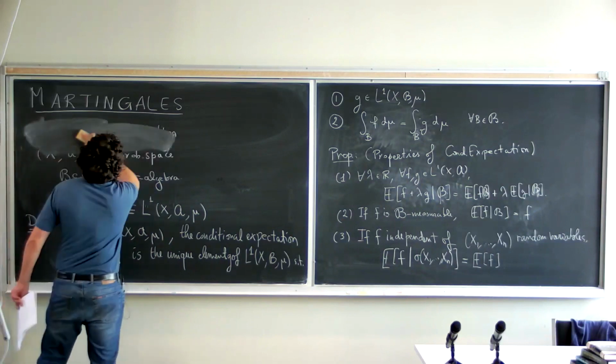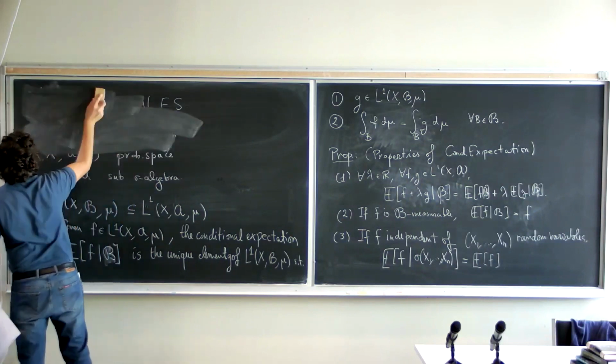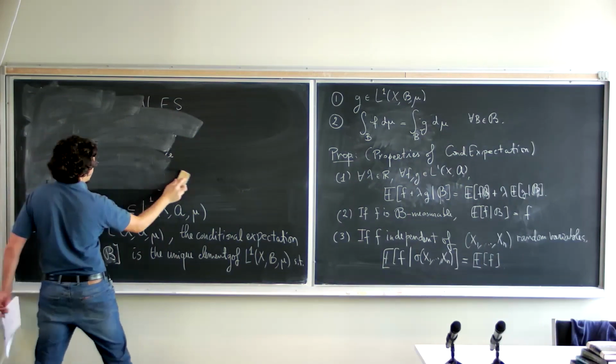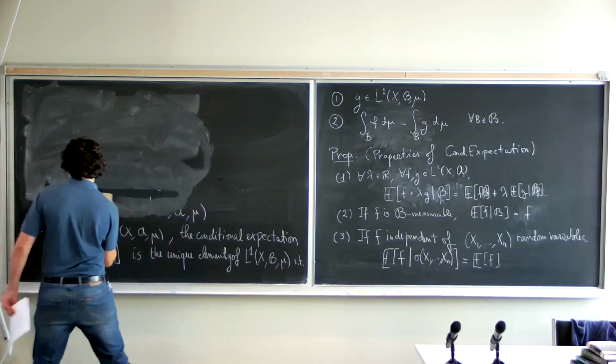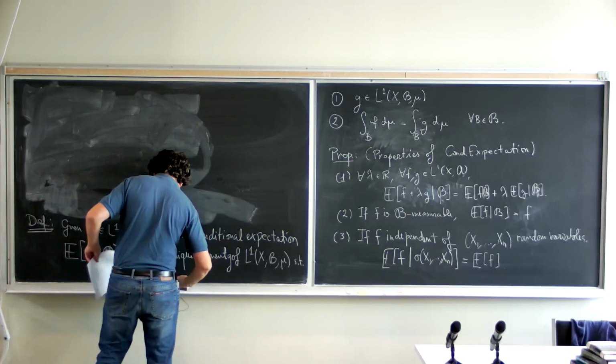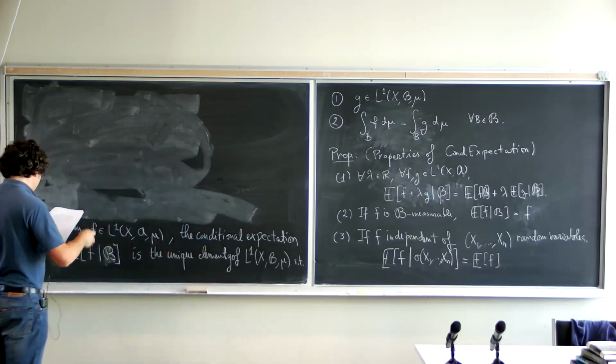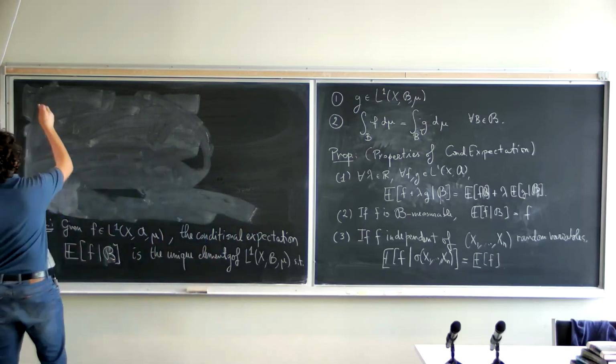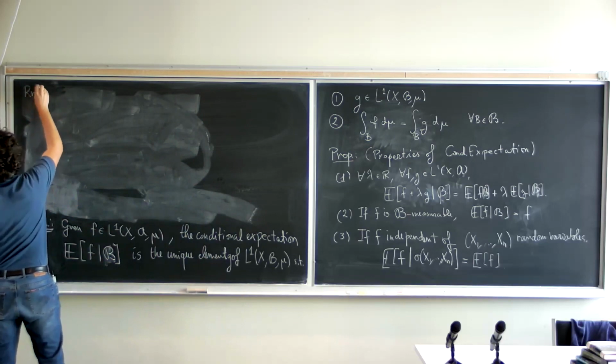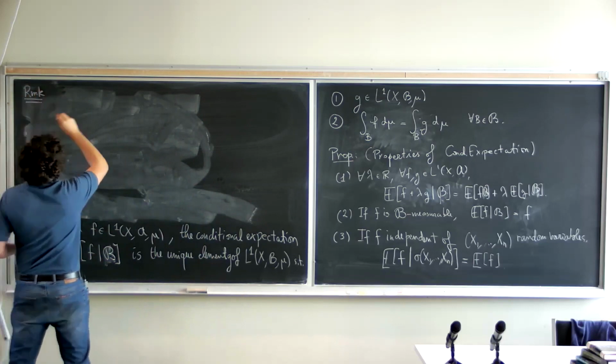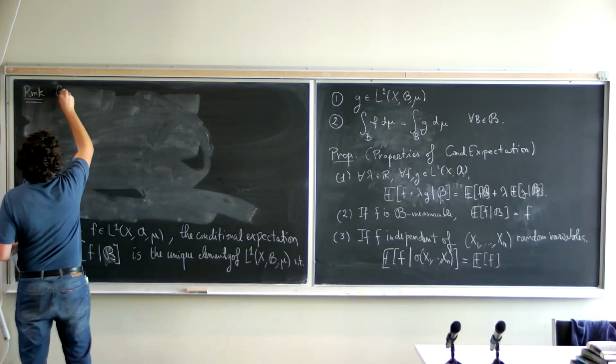Okay, now let's see some examples. By the way, we can also add a remark. What is the sigma algebra generated by x1, ..., xn?